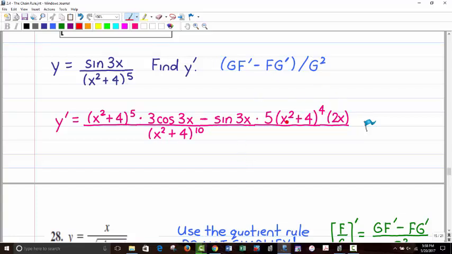But anyway, you see that we have an x squared plus 4 to the 4th here over this side. So that means since you do have a shared term in the numerator, you could actually factor out the appropriate exponent term and then reduce it with the denominator.